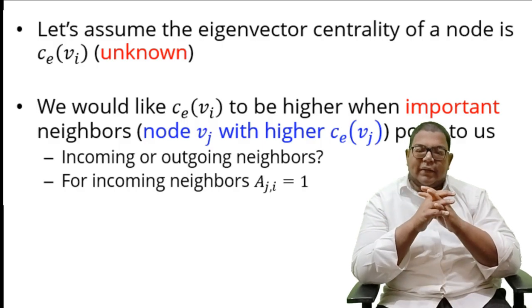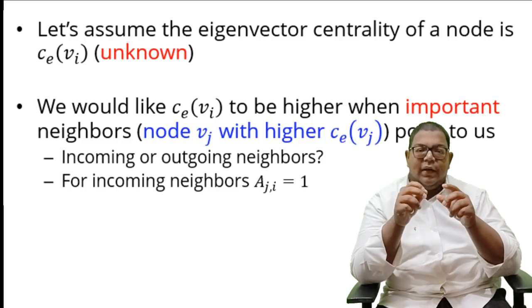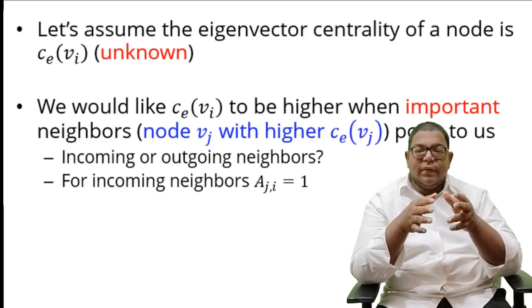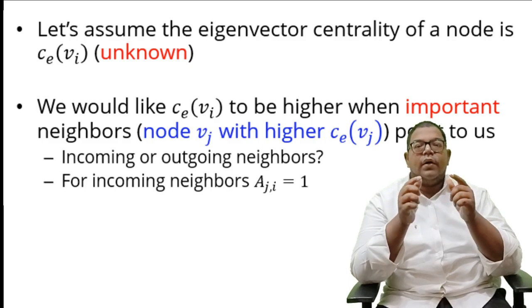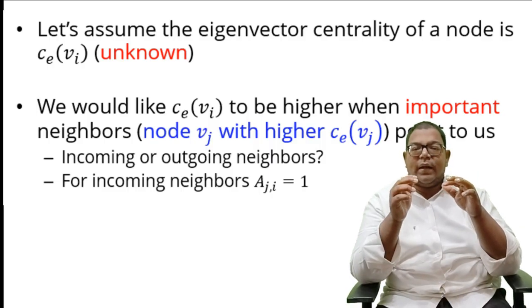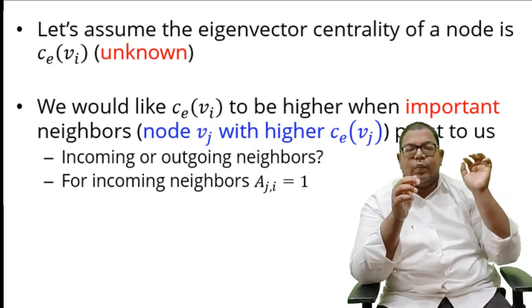This is the assumption of eigenvector centrality. So we want Ce of Vi to be higher with important neighbors. If Vj is my neighbor and if Vj is important, then my importance should also increase. So for incoming neighbors, we assume that Aij is equal to 1.